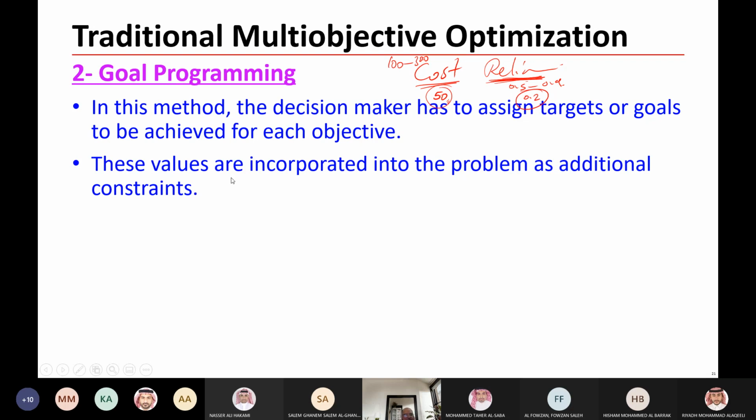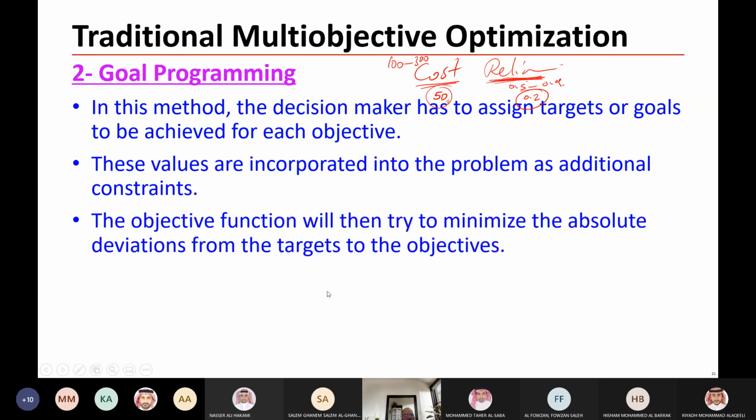We will see these values are incorporated into the problem as traditional constraints, and the objective function will then try to minimize the absolute deviations, the absolute difference between the solution and the target. We need to minimize the distance between the solution and the target. So we need to push the solutions towards the target.